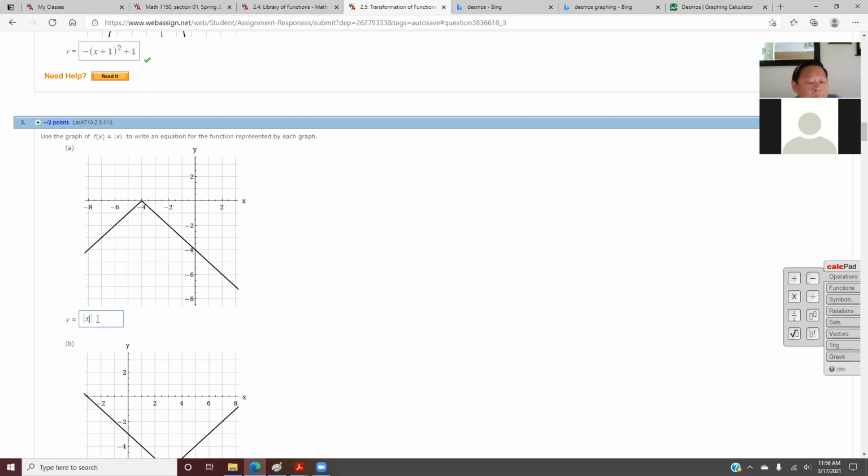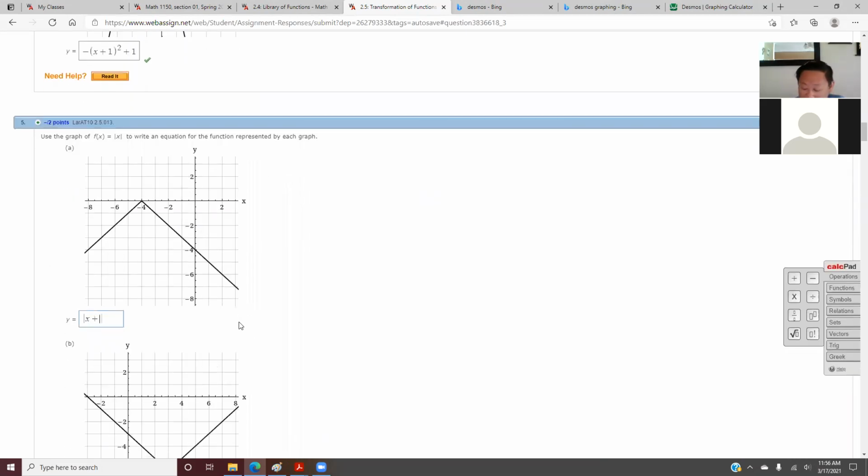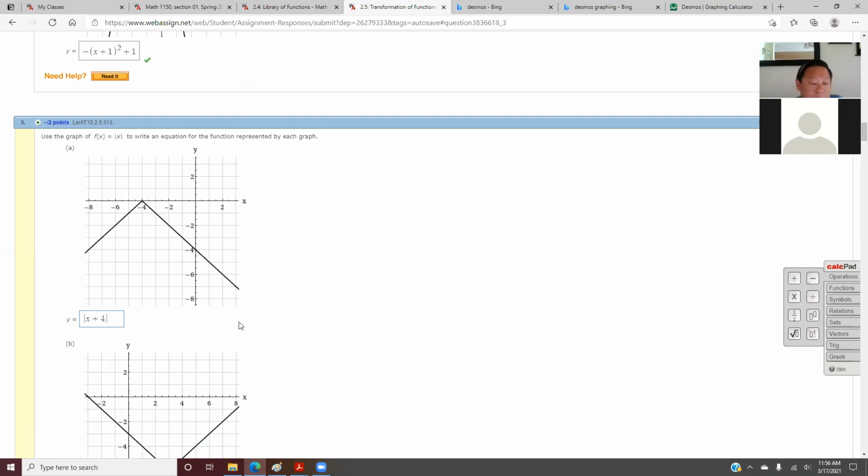X plus 4. Again, if you move left, remember last time, x plus 4. Yep. But this is a V shape originally, and this V is going upside down now. So what kind of transformation will make it go upside down? Reflection over the x-axis. And what do you need to put? A negative at the front. Yep, that's your answer.